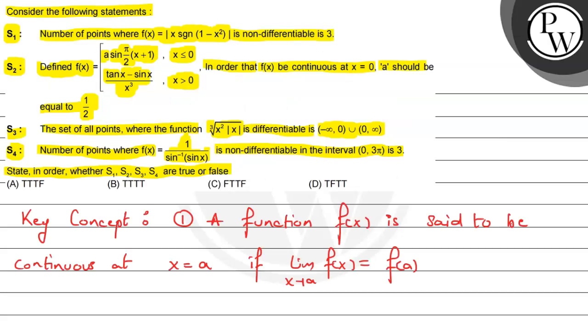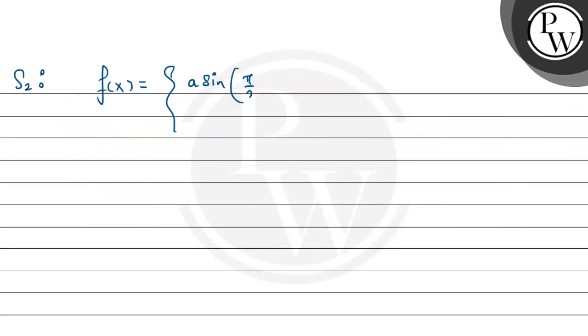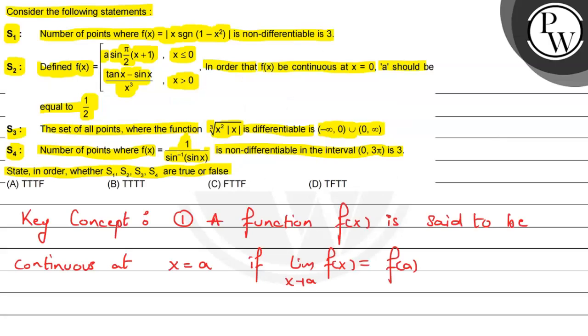So for S2, let's write the definition of the function. f(x) is equal to a times sin of (pi by 2 times x plus 1) when x is less than or equal to 0, and the second part is tan x minus sin x divided by x cube when x is greater than 0.